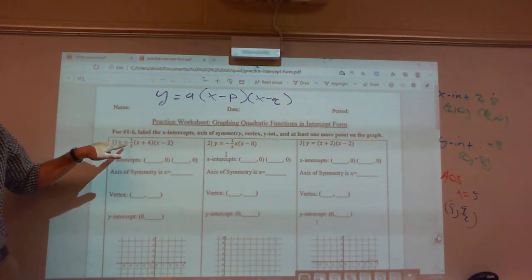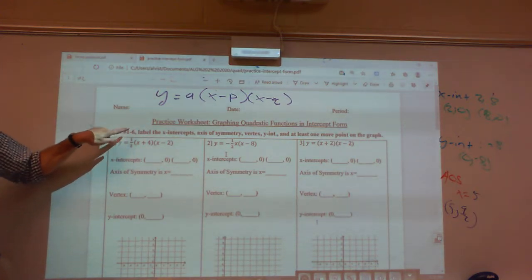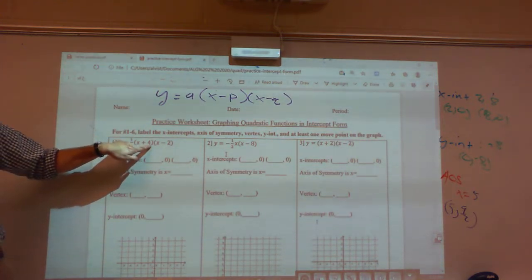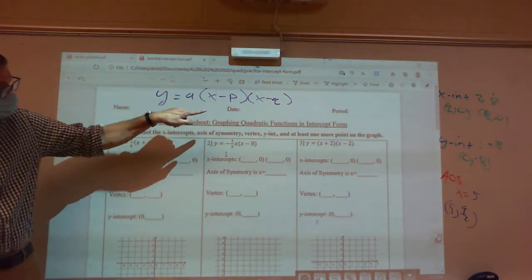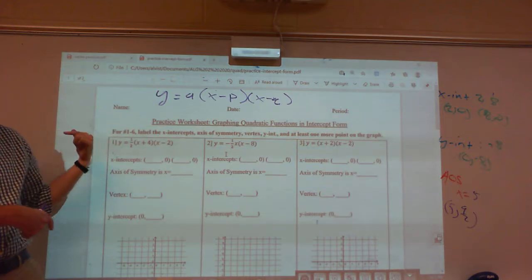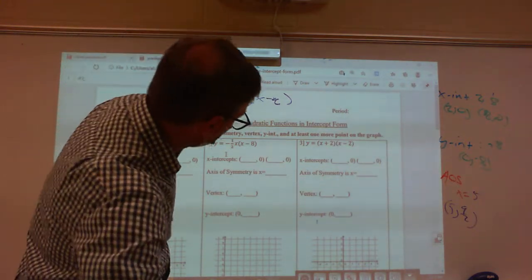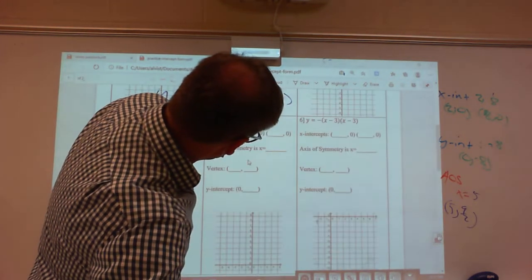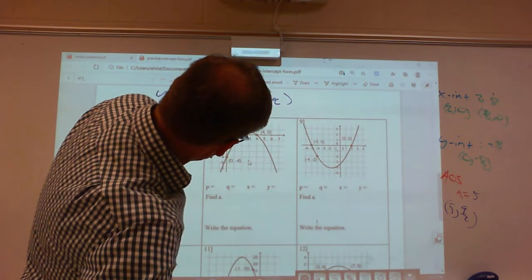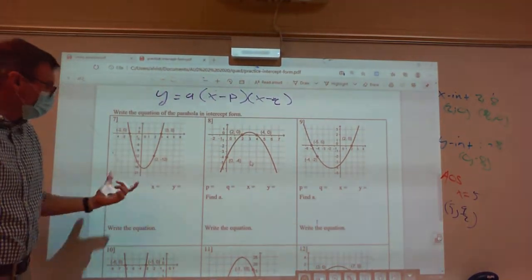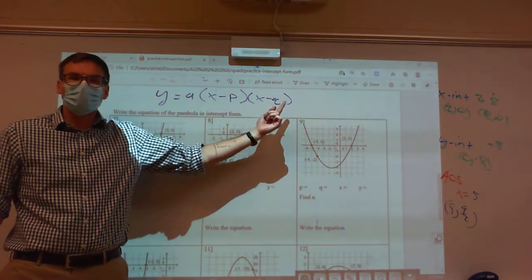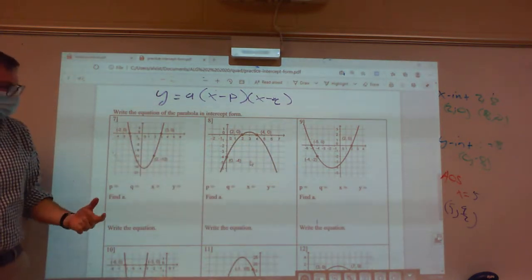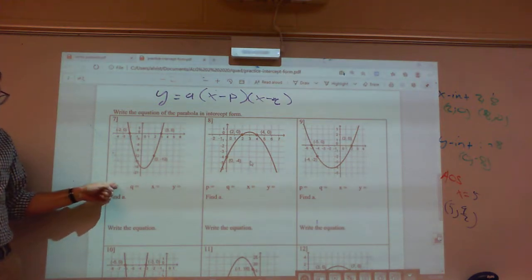And if you look, in the problem we just did, the a was 1/2. They have the p as a 4 and the q as a 2. Okay? Actually, I have the q as a 2 and the p ends up being a -4, but I'm going to talk about that when we practice the next problem. So when we look at problem 7, where we've got a nice picture, our job is to figure out what goes here. Well, if you look at problem 7, it says what's p and what's q.